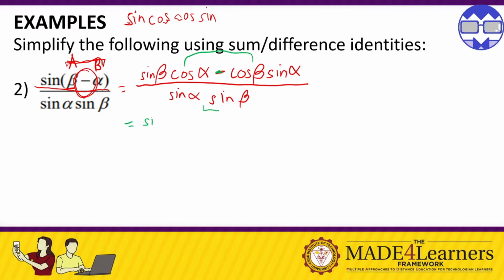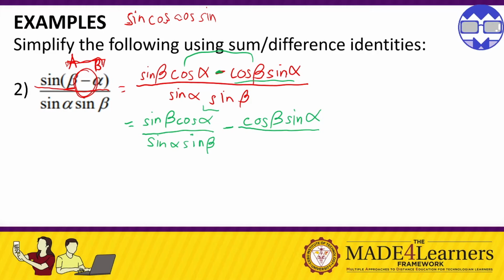So we have sine beta cos alpha all over sine alpha sine beta, minus cos beta sine alpha all over sine alpha sine beta.